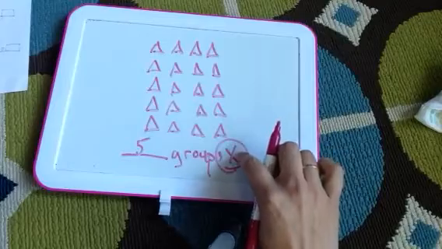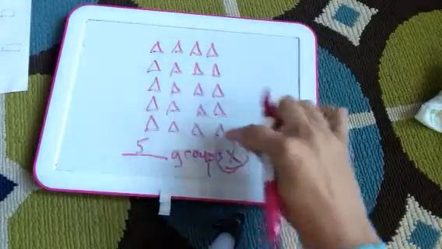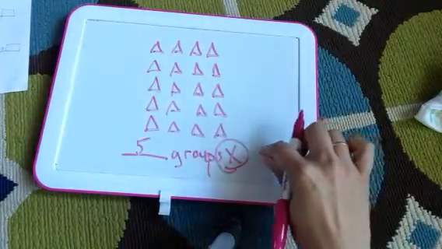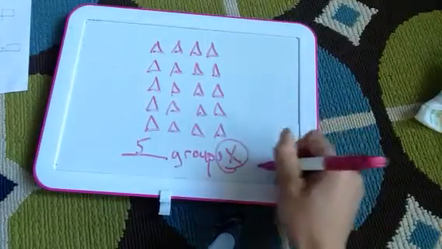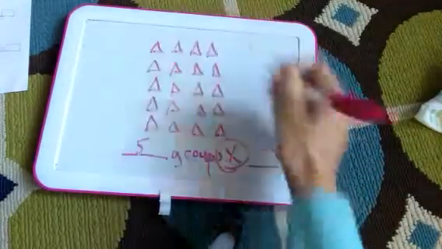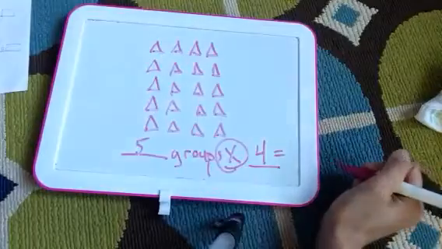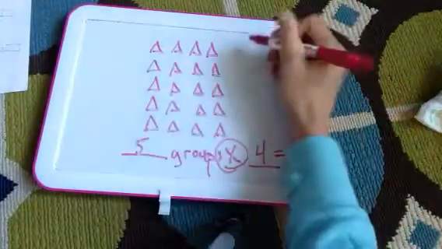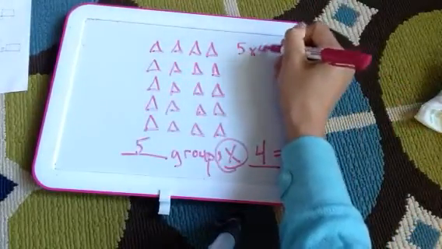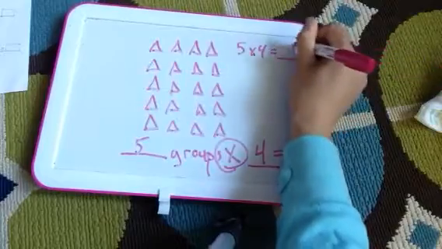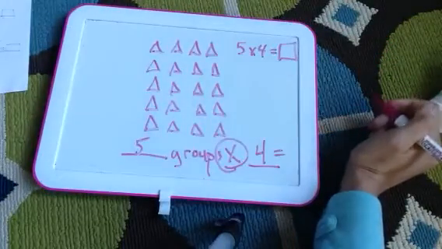Of, it also represents the word of, right? 5 groups of the size of the group. How many are in each group? 1, 2, 3, 4. 4. 5 groups of 4. So my multiplication equation is 5 times 4 equals what?